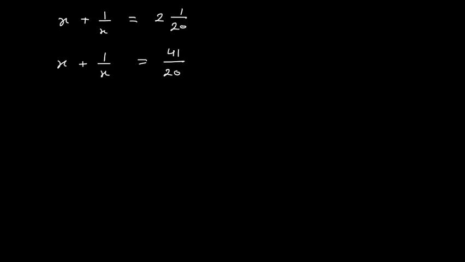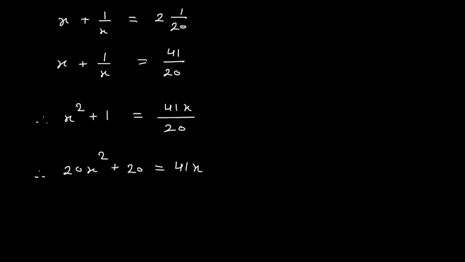So when I multiply by x, I will get x square plus 1 equal to 41x upon 20. Now I cross multiply, so I have 20x square plus 20 is equal to 41x. So therefore we have 20x square minus 41x plus 20 is equal to 0.